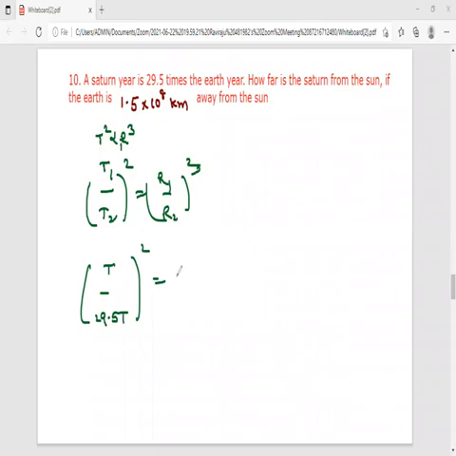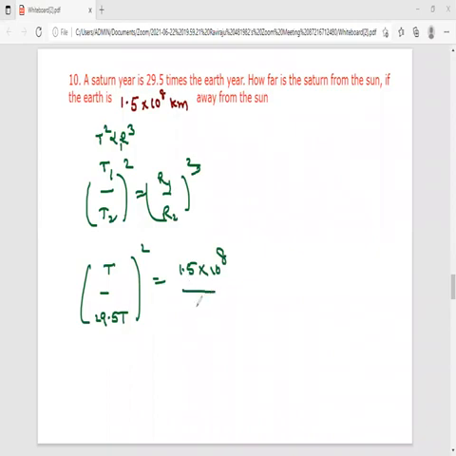Are you able to listen to my voice? Okay, we'll continue. By T equal to R1 by R2 whole cube. So for R1, for Earth, you can write it is 1.5 into 10 power 8 kilometers.